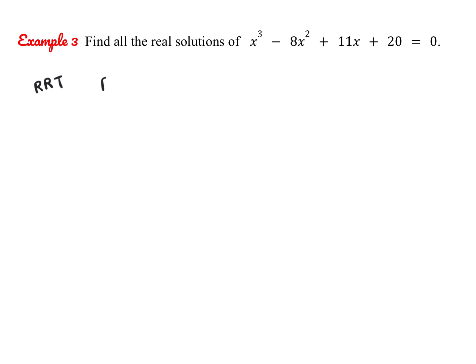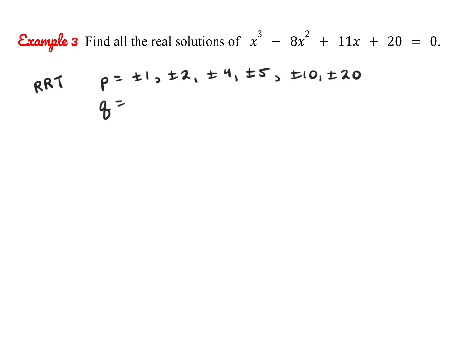So first I'm going to list out my p-values. My p-values are all of the possible factors of 20. So that'd be plus or minus 1, plus or minus 2, plus or minus 4, plus or minus 5, plus or minus 10, and plus or minus 20.